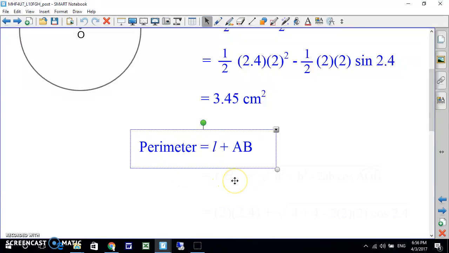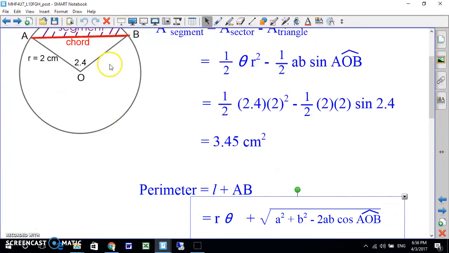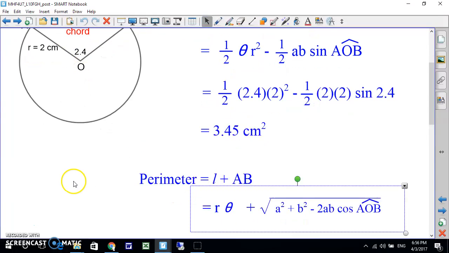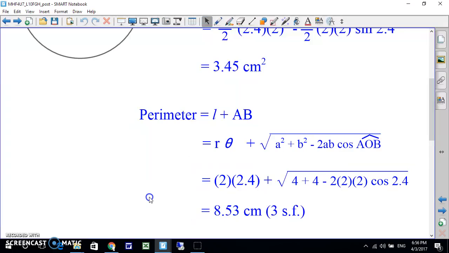Arc length is radius times angle, and side AB would be the square root of side a squared plus side b squared, minus 2ab cosine AOB. Plug in your numbers very carefully, and make sure your calculator is in radian mode. Simplify this expression, and you will get 8.53 centimeters, correct to 3 significant figures.